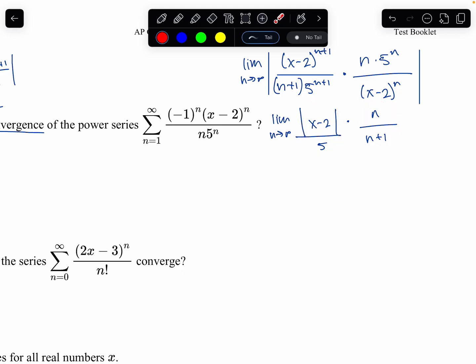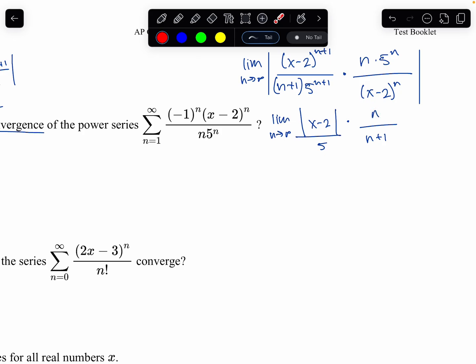Now notice that this part is going to remain the same as n approaches infinity. As n approaches infinity, it has no effect on x or the constant 5. It's only going to affect this part of my expression right here, and then I just have to evaluate the limit. That comes from knowing your powers.